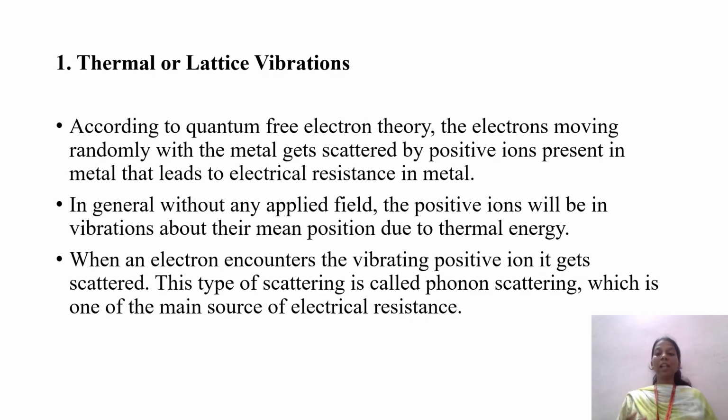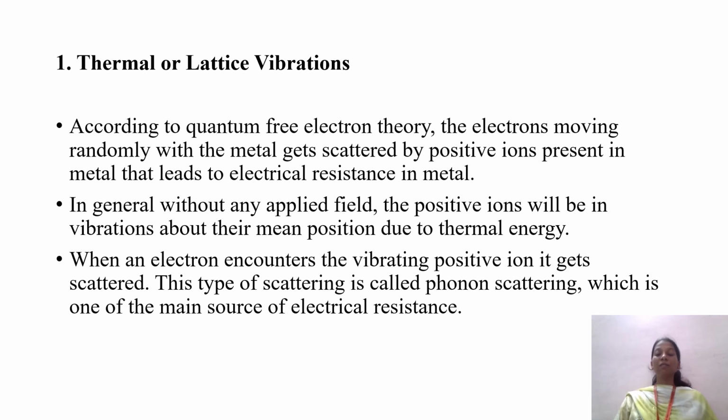First is the thermal lattice vibrations. According to quantum free electron theory, when the electrons move randomly in a metal, they are scattered by the positive ions, which leads to the electrical resistance in the metal.